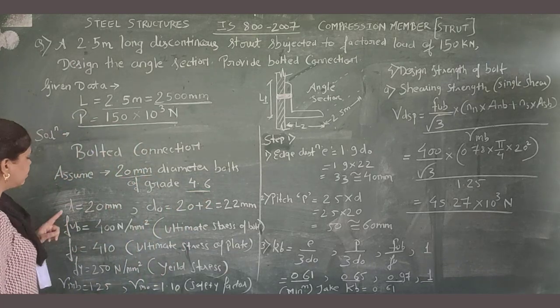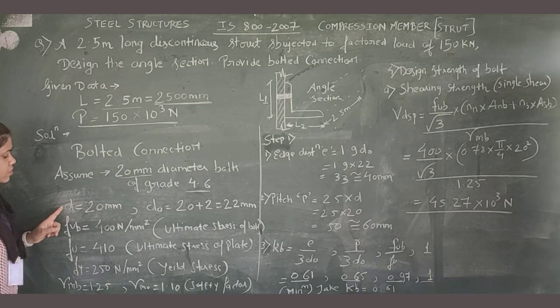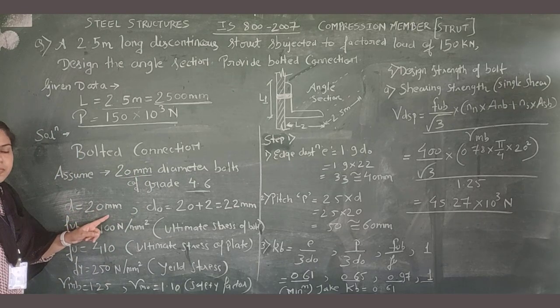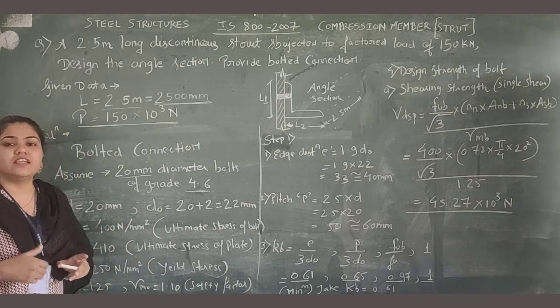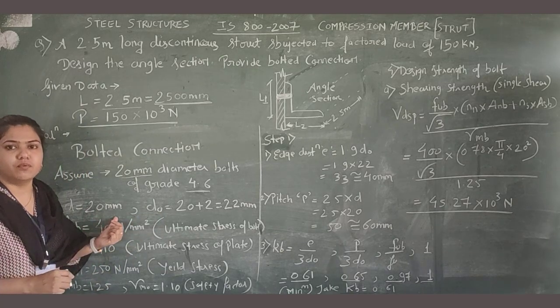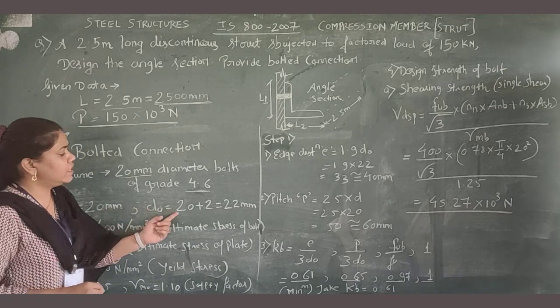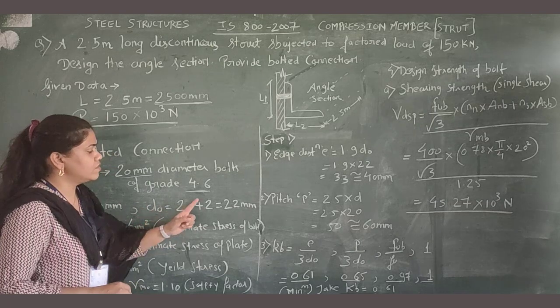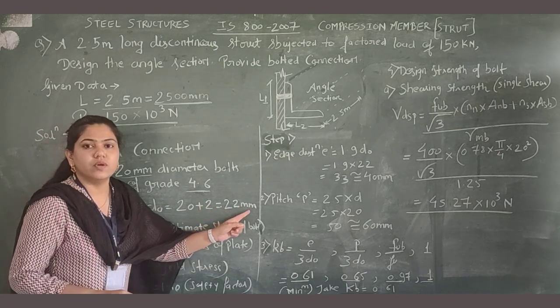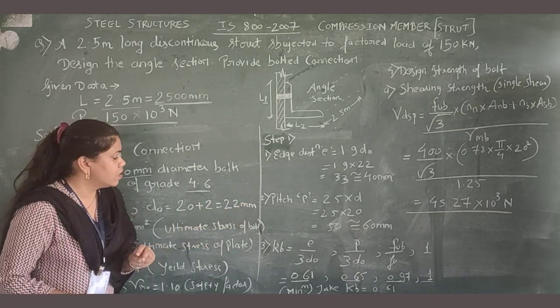Okay, so first of all, write down the diameter of bolt, which is equal to 20 mm, and the diameter of hole, which is slightly greater than the diameter of bolt. So you have to add 20 plus 2 here, right? So the diameter of hole obtained is 22 mm in this case. Okay.